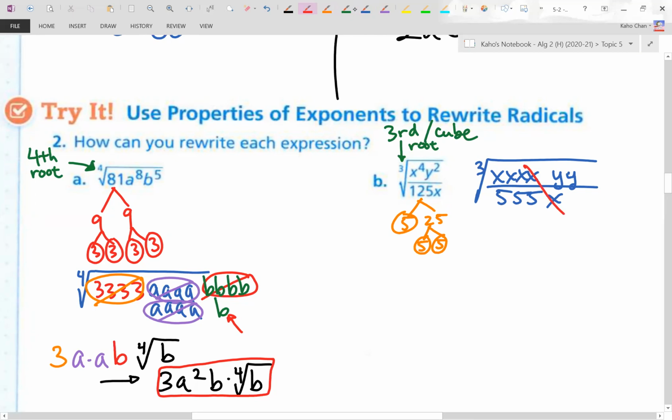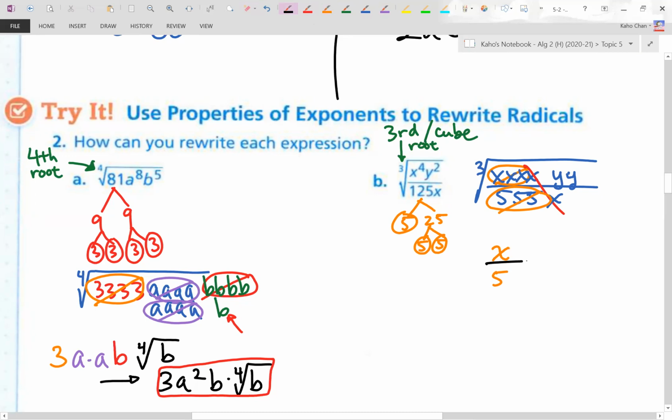Bam. But I do have a grouping here. A group of 3's come out on top there. The Y's are stuck there, but the group of 5's on the bottom. That works, right? Okay, those come out. Nice. X over 5.